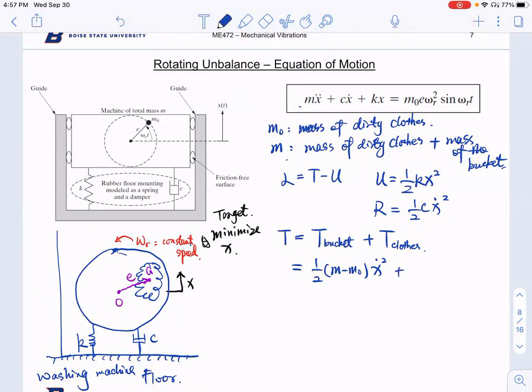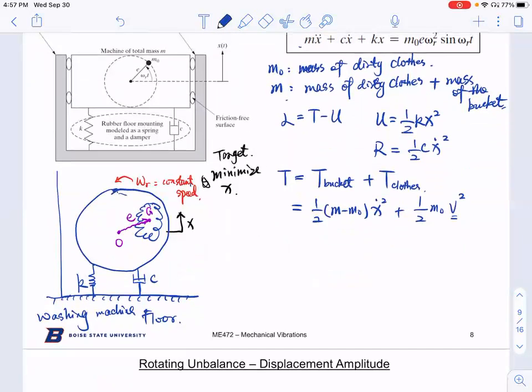How about the clothes? The clothes is half times the mass M naught times the velocity squared. What is the velocity of your clothes? Won't that be the E value times, or sorry, theta dot times E? Yes, I think you're saying that V equals the angular speed times the eccentricity E, right?